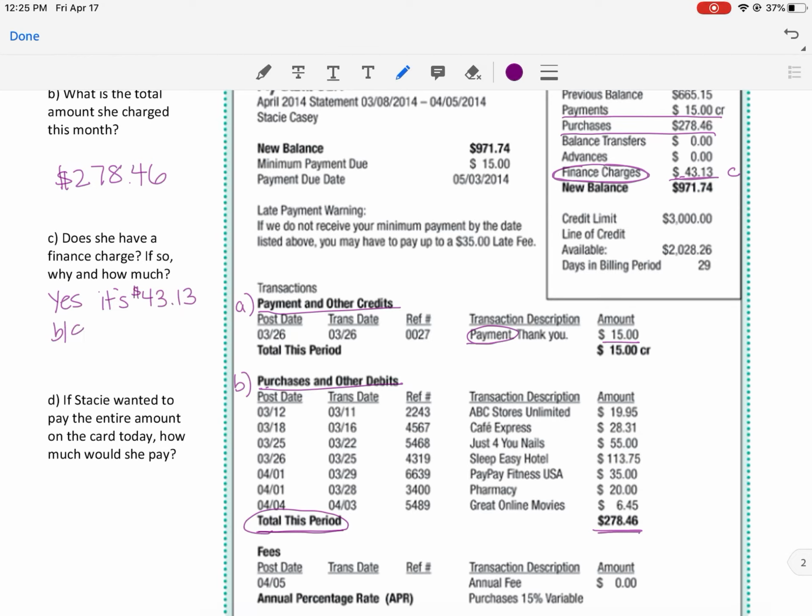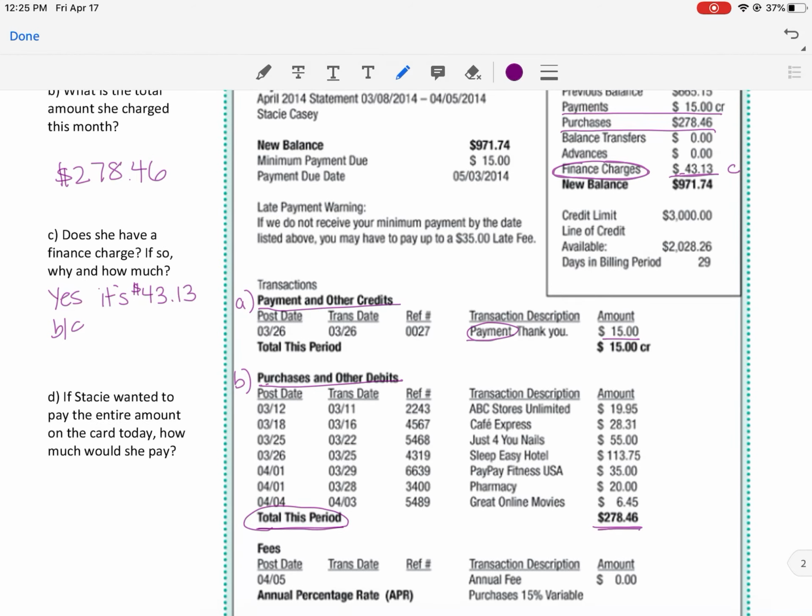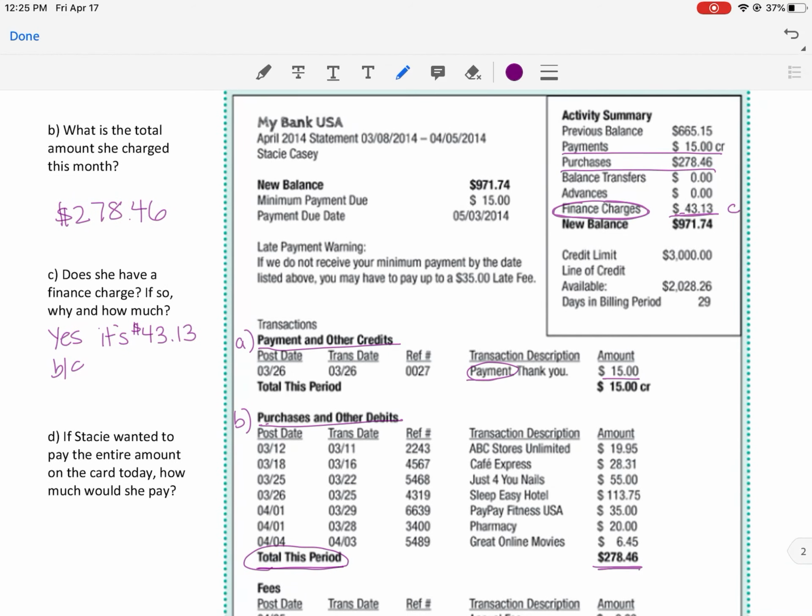So let's just look at this statement for a minute. You usually get a finance charge, which we're going to do next lesson, when you haven't paid your balance off in full. So if we look here, her previous balance at the top is, over here on the right where I just put a little dot, $665, and she only paid $15.